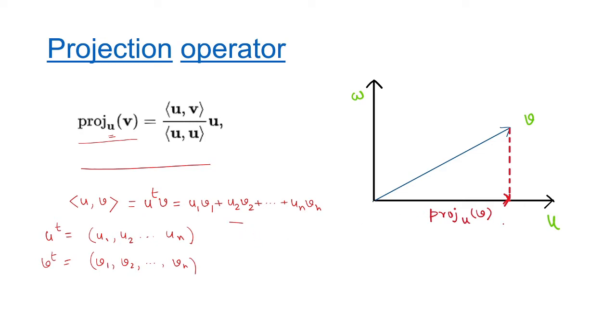So we have three vectors U, V and W. Now say we want to project the vector V in the direction of U. So we write the notation this way: the projection of V in the direction of U. In the suffix we write the direction. This is the vector we want to project, and this is the direction.